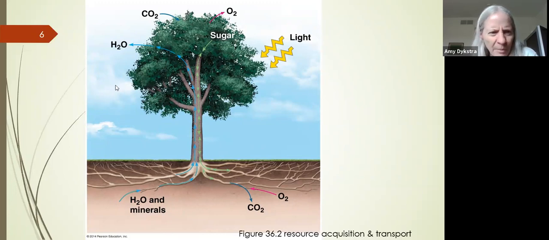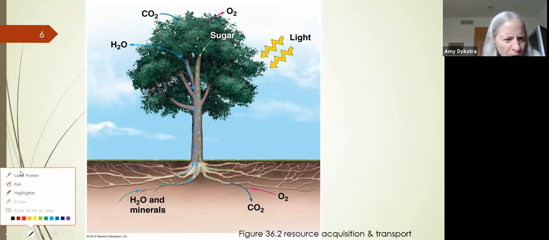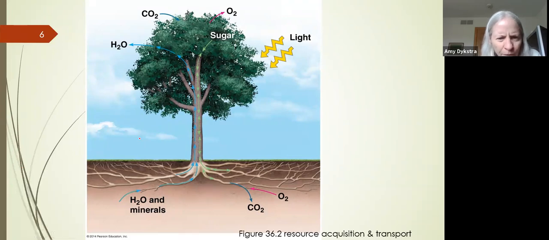And let's see, maybe I could just draw those for us. So I will just use a pen. So over here, the water is moving through the xylem. And the sugar is moving through the phloem.